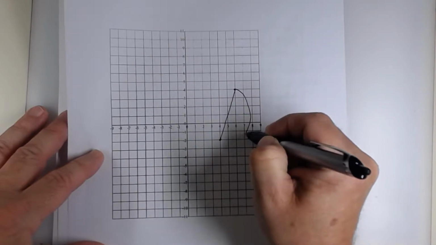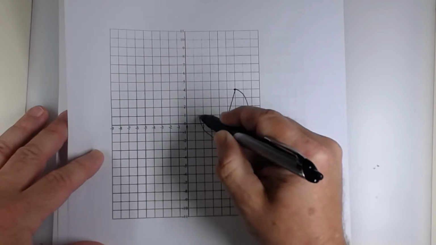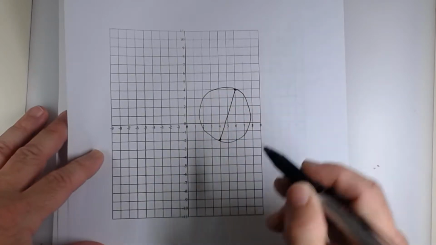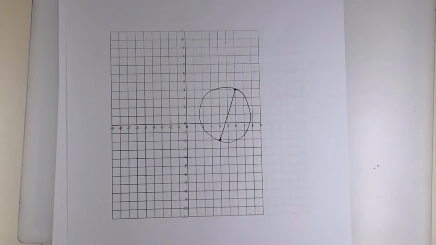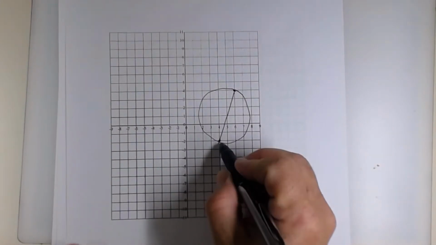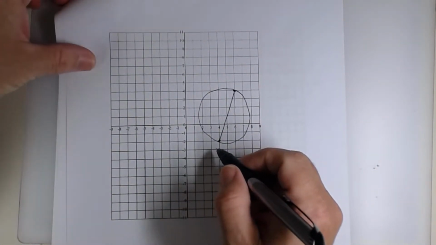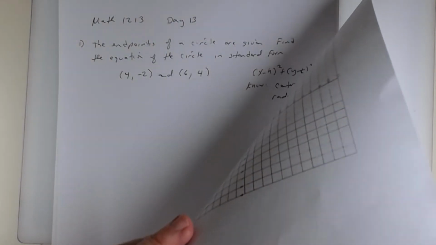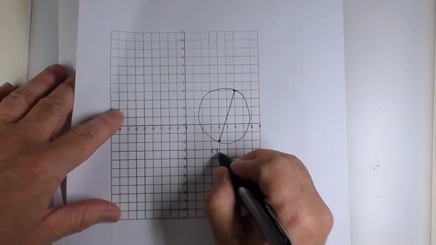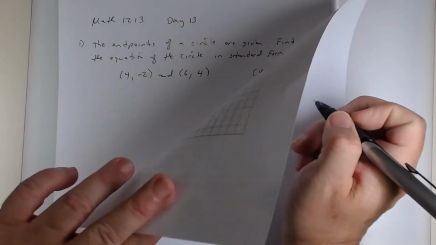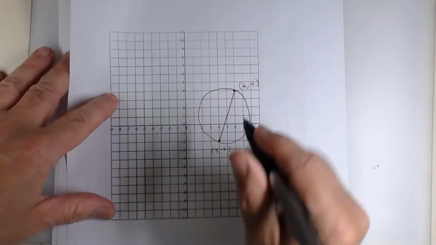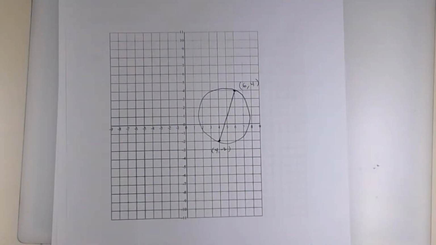Let's say this is it right here. Okay, it could be a little bit better. Notice this is the endpoint (4, -2), and this is the endpoint (6, 4). Okay, so that's the circle. That's what it looks like.